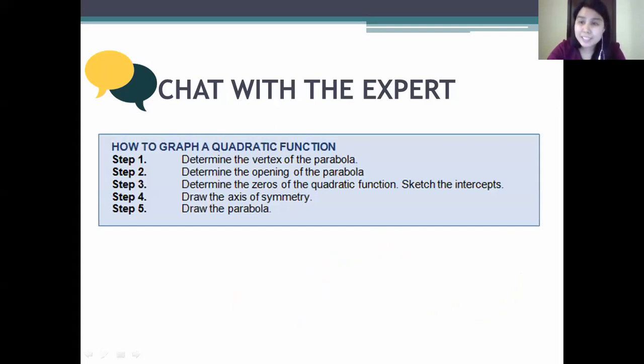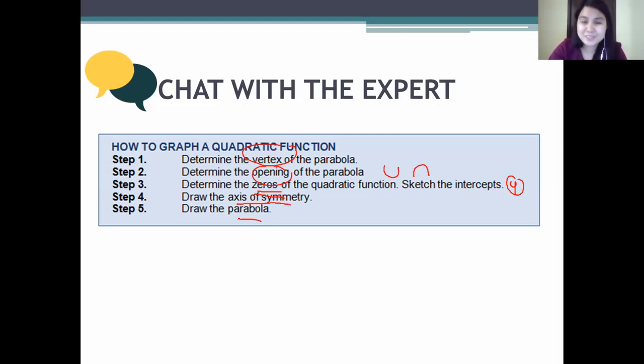First, we need to determine the vertex. Next, opening. Is it opening upward or downwards? Then sketch the zeros and also the y-intercept. Then the axis of symmetry and draw the parabola.